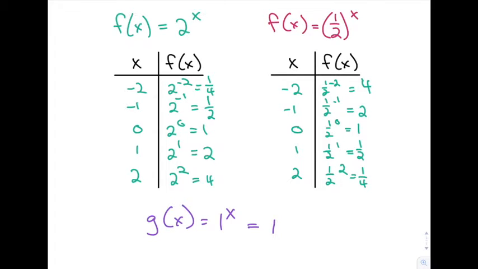So it's just a horizontal line, which is why we typically exclude a base of 1 from the basis for an exponential function. If the base is 0, same kind of idea, and then if the base is less than 0, we have some funny behavior there that makes it difficult for it to be extremely useful. So we'll usually avoid that as well.